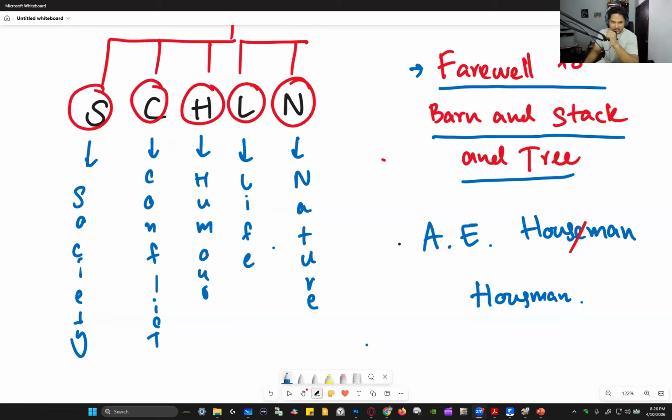So what happened is A.E. Housman was my student. And one day after class, he walked to me and he's like, Javed sir, I'm going to write a poem, give me an idea. And I'm the person who told A.E. Housman to write Farewell to Barn and Stack and Tree.